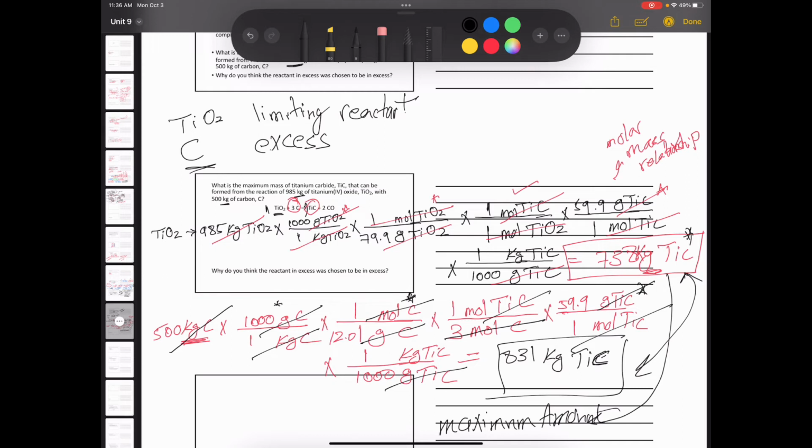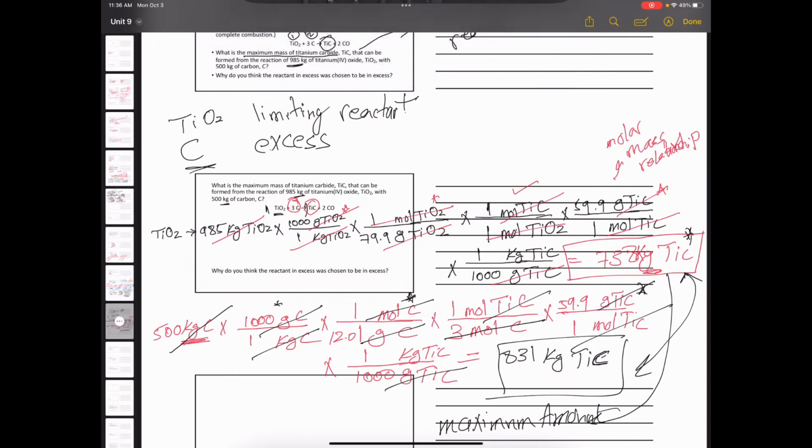So it is easier and more cost effective to have an excess of carbon than an excess of titanium oxide, because titanium oxide is very expensive compared to carbon, and cleaning the reaction of residual titanium oxide can also be very costly. So it's always better to have an excess of carbon, which is readily available and very cheap. That's why carbon was chosen to be the amount in excess.